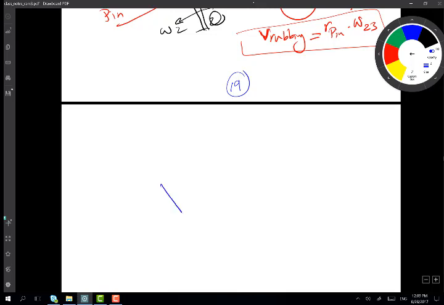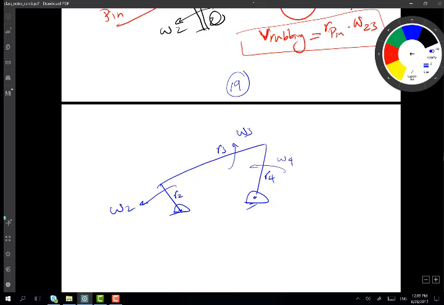So go back to this example: this is R2, R3 and R4, with omega 3, omega 2, omega 4. Now let's say I have a point attached here: A, B, C, any point anywhere, point D, whatever.